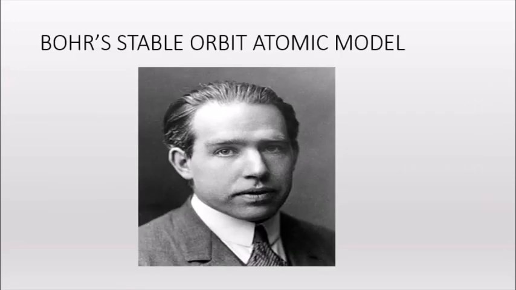The fourth researcher was Niels Bohr, and he also told something about the atoms. He studied atoms in detail, and then he gave the orbits of the atom, and this is also called the stable orbit atomic model, and we also say it as Bohr's atomic model.